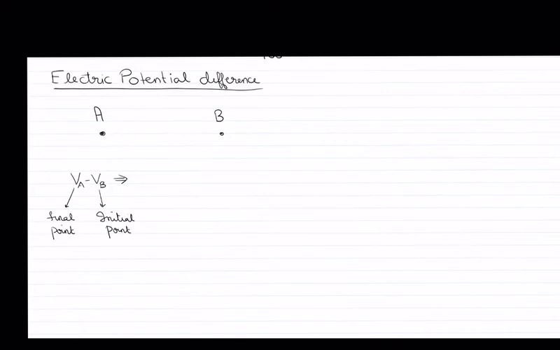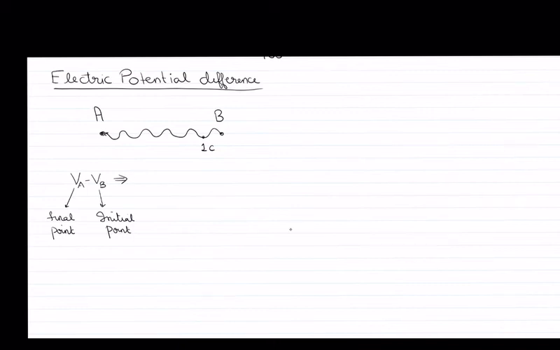It means that we have to bring a charge of 1 coulomb from B to A very slowly. And in this process, whatever work we have to do, that will be known as potential difference.